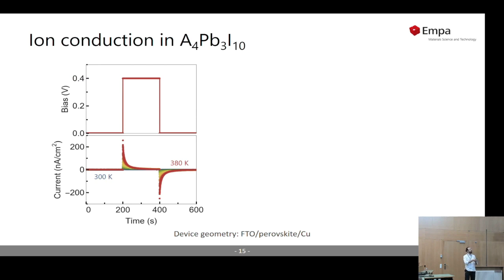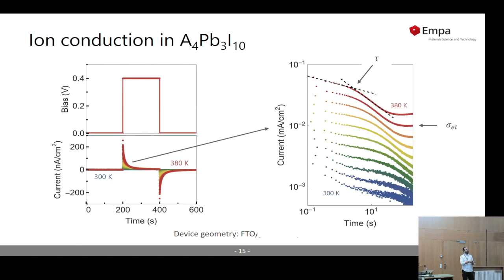So how does this now look in the time domain? Here, what we do is we apply a voltage bias of 0.4 volts and measure the current response while applying it and then also while going back to 0 volts. If we zoom in to this part here, we get these characteristics.